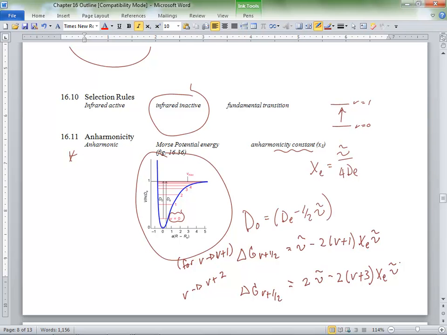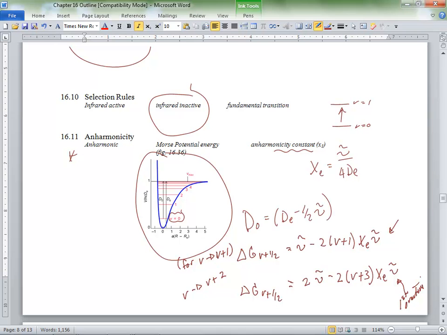Okay, so here's our first. That's regular transitions, but if you're into music, you've heard this kind of term, overtones, right? So this would be your first overtone. I don't think you need to worry about that, but they're starting to get into that kind of language.